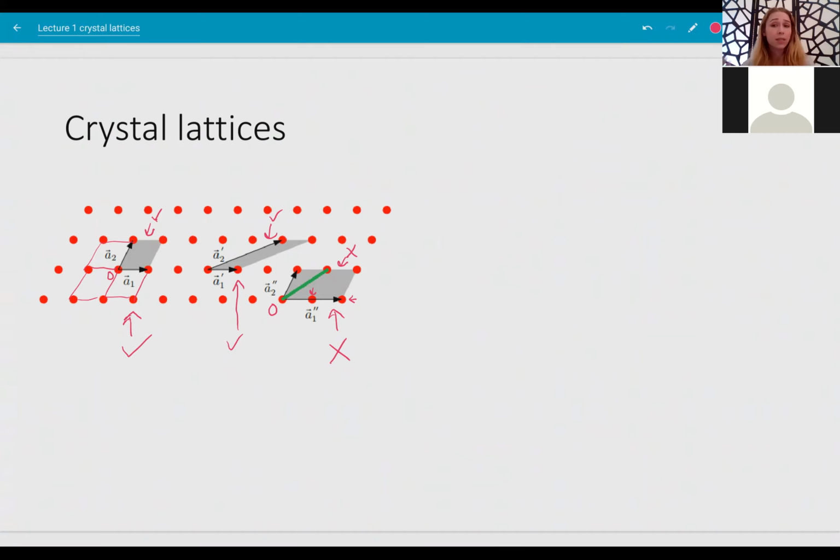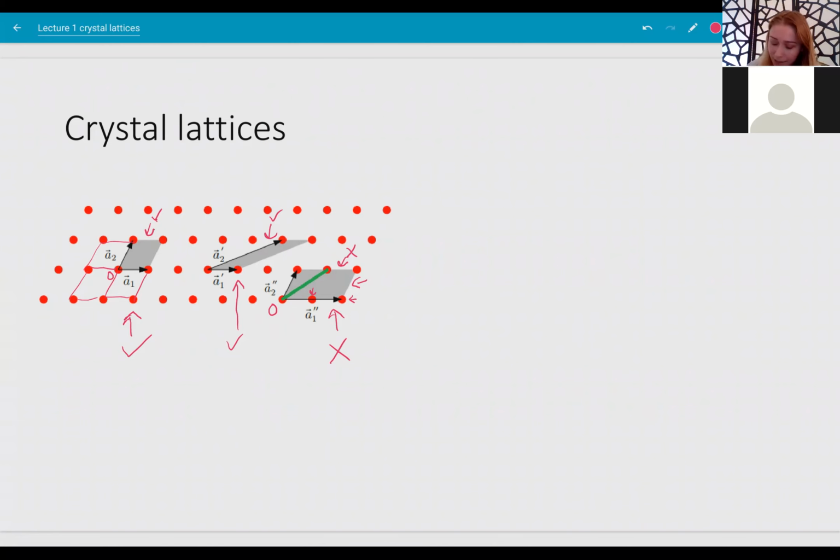It should be noted that this attribute is not only true of a primitive cell. This one on the right that is not a primitive cell can also be used to tile all of space. So the second thing that I wrote down is necessary but not a sufficient condition.